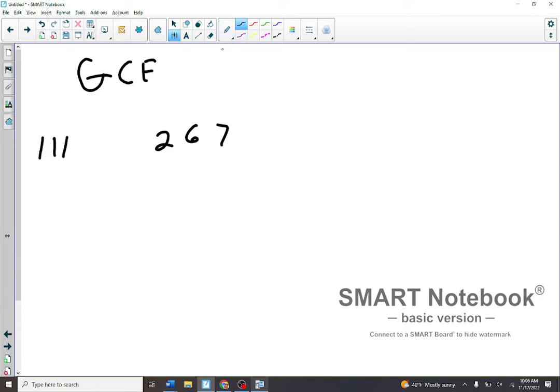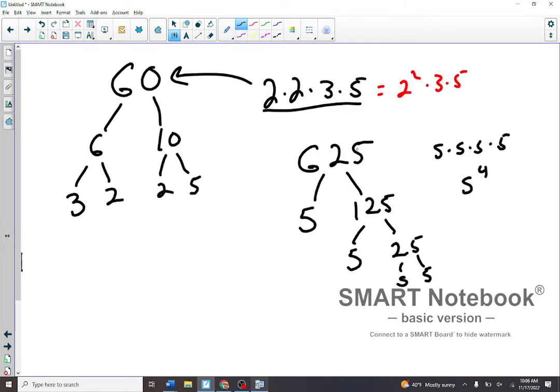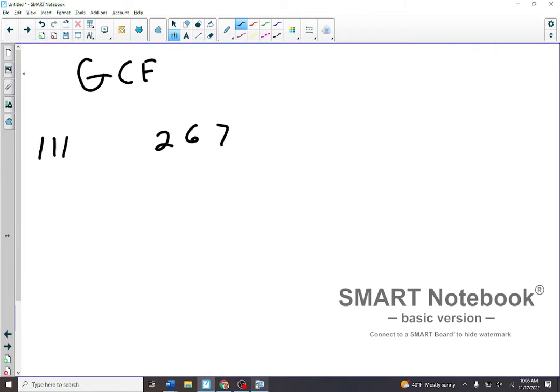The earlier numbers, 16 and 625, would just ask you for prime factorization. But in GCF and LCM, you're both going to make prime factorizations anyway, so you're going to need that skill for the next section.